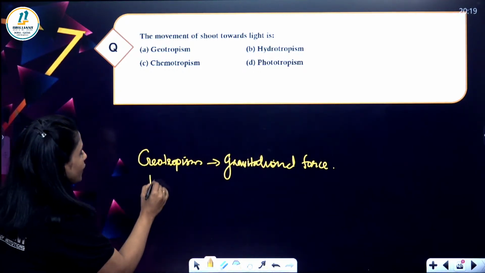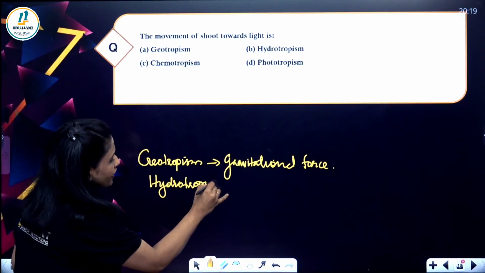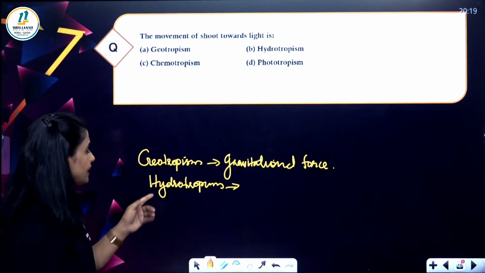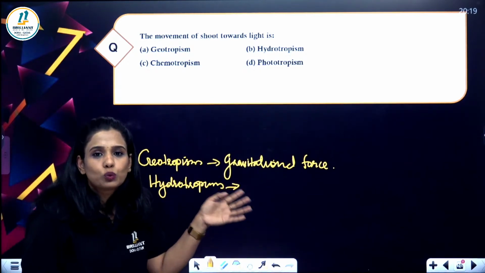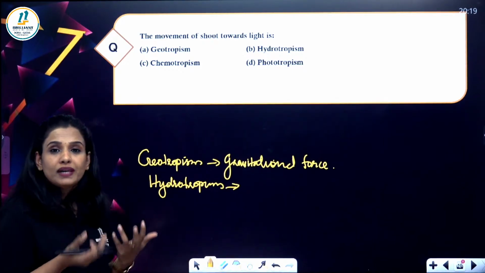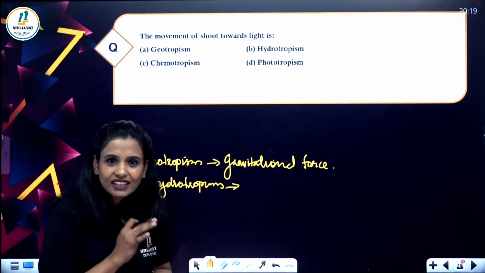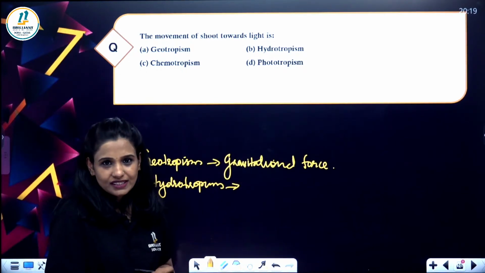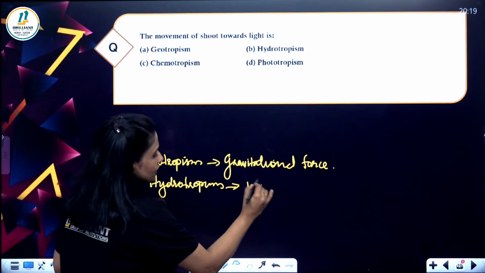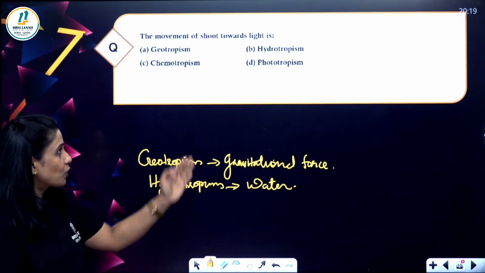Next one is hydrotropism. The name itself, it is there. Hydro, something connected with water, right? So, movement of plant parts in response to water or moisture is called hydrotropism.